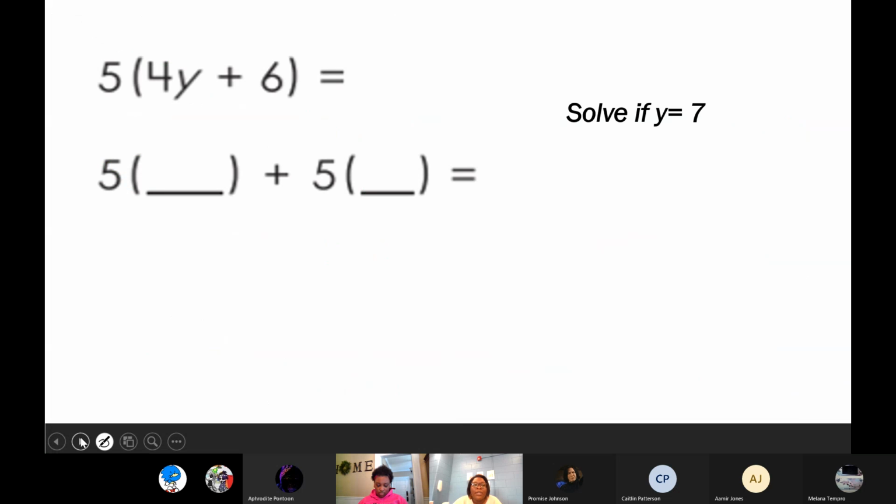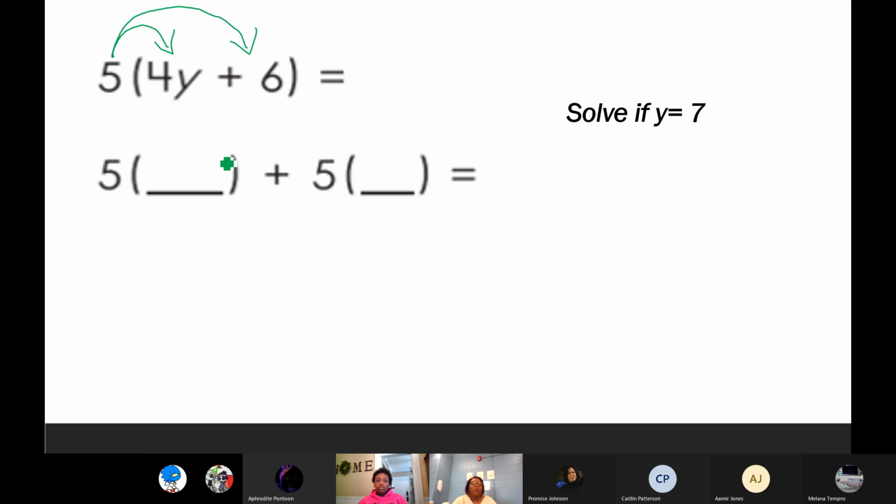Okay, so now let's look at that same problem we had earlier where we were going to distribute 5 to both of these terms.